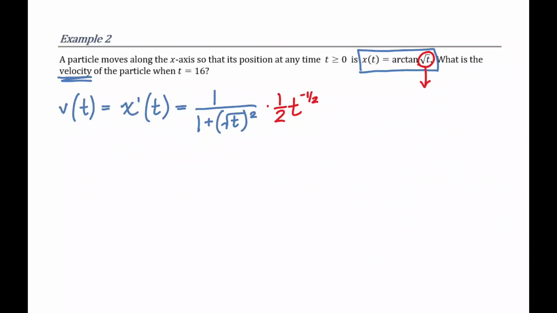So as we have done many times before, I'm looking at root t as t to the 1/2. So when I take the derivative, the 1/2 exponent comes out in front as a coefficient, and then we subtract 1 from the exponent, and that's how we end up with the negative 1/2.